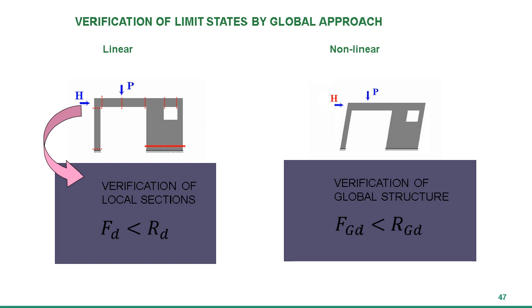Typically what is being done is that the load combination which we want to investigate is applied to the structure, and we calculate the failure load, and this global failure load, R global, with D meaning the design, is like the strength of the structure, and it can then be compared with the applied load combination.